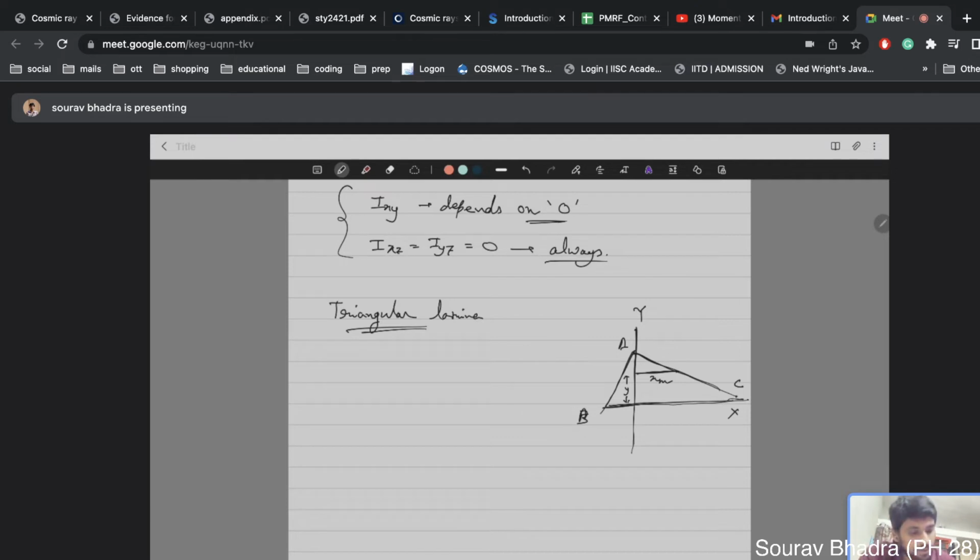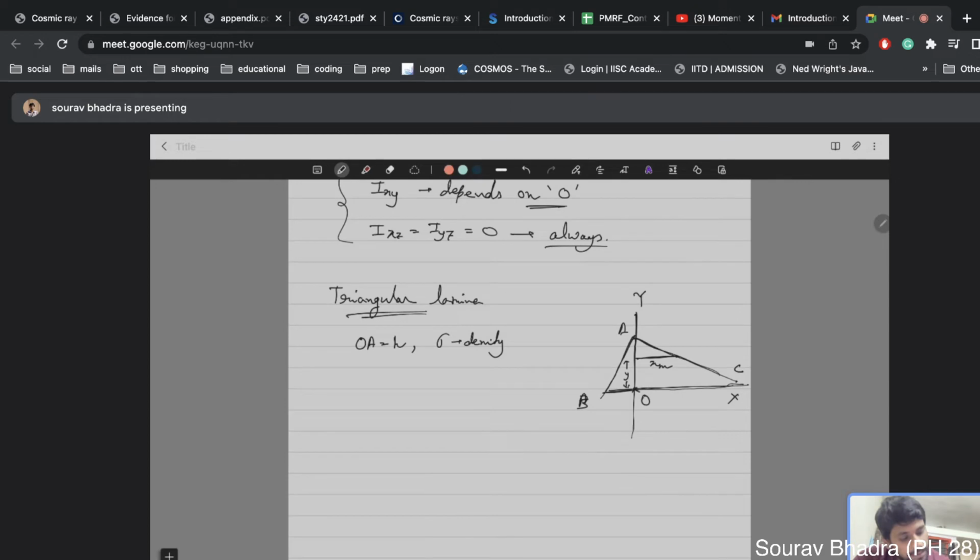Now suppose the z-axis is perpendicular to the lamina, that means the z-axis is coming out of the plane of the page. This point is O, which is the origin, and OA is H. And sigma is the density as in the previous case. So all these are given.